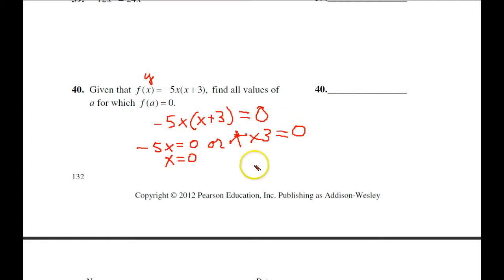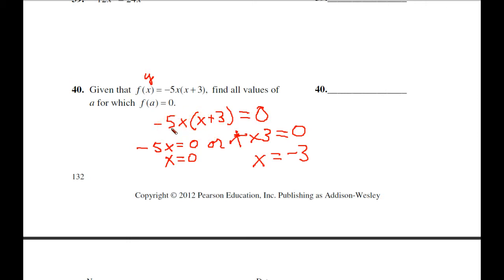Here we just transpose the 3, and we get x equals negative 3. They make it a little complicated, but they want you to be prepared for the Math 105, where you will be dealing with functions a lot. So just remember this is y, and they're telling you y is 0. So this is what it becomes. And then we use the principle of zero products.